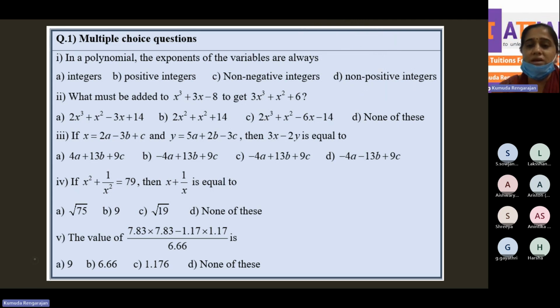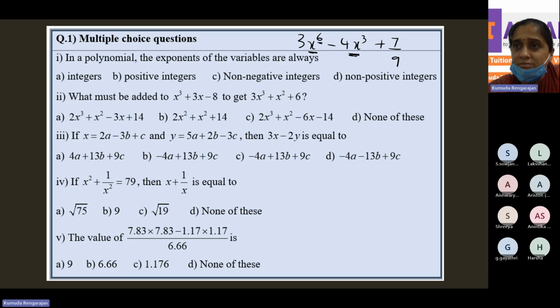Consider this: 3x^6 - 4x^3 + 7/9. Now this algebraic expression is a polynomial because in the first term, the variable x is raised to the power 6, which is a whole number.